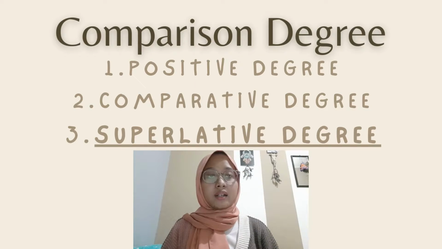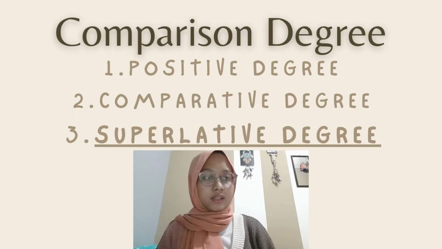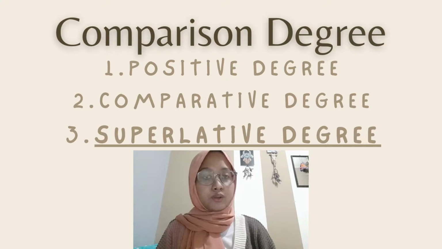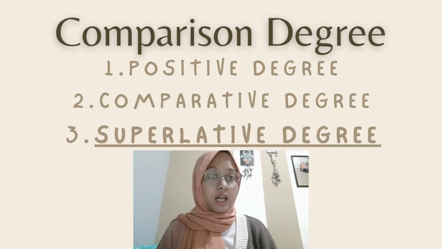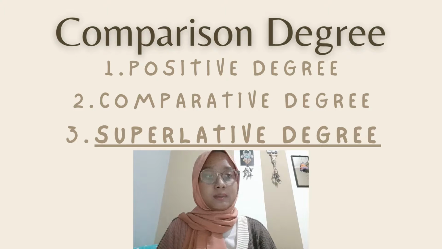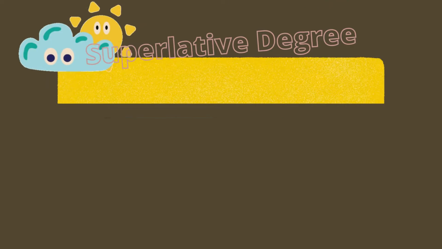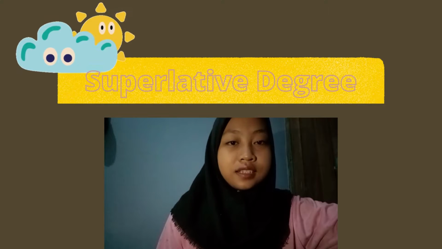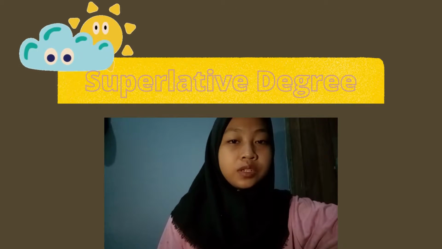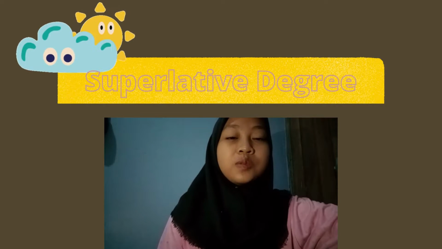Next, there are 3 ways you can compare adjectives, that is, number 1, positive degree, number 2, comparative degree, and number 3, superlative degree. And here we only discuss the superlative degree. In an English sentence, we often see a comparison between people, between things, or between people and things.